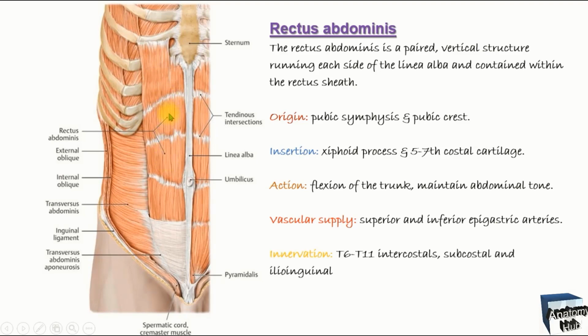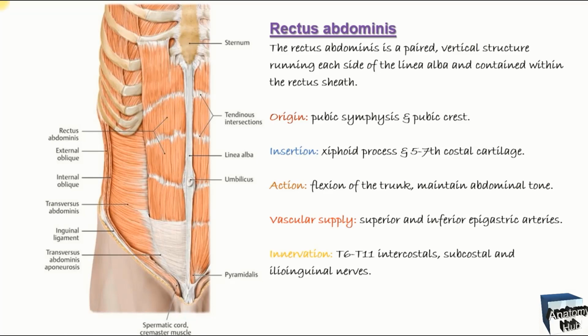So this rectus abdominis is the paired vertical structure running on each side of the linea alba, contained within the rectus sheath, right? This rectus sheath is nothing but the covering of the rectus abdominis, and this sheath is formed by the decussation and the flattened tendons of the internal oblique.